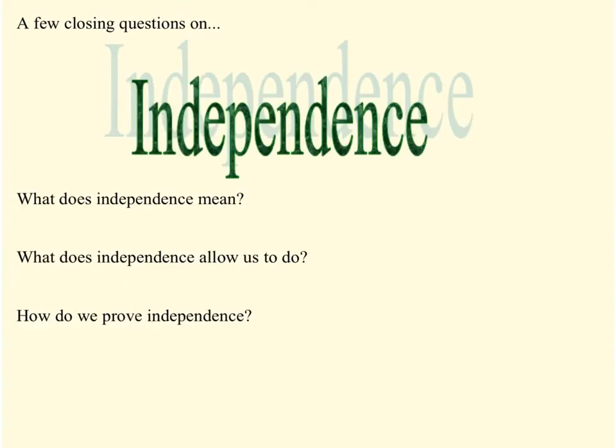And finally, closing this video about independence with things we've already talked about. What does independence mean? It means the fact that one thing occurs does not affect the probability of the other. What does independence allow us to do? It allows us to multiply independent probabilities together.